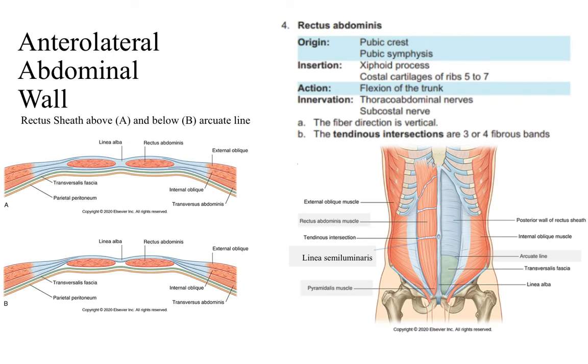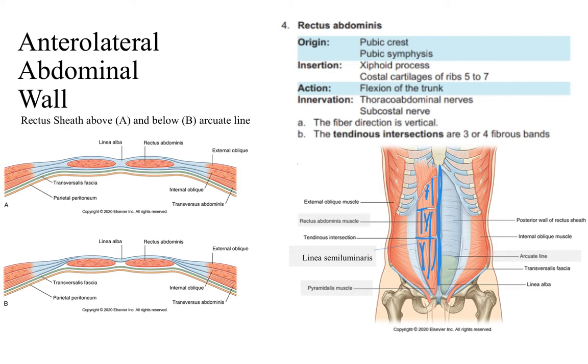All right, so the rectus abdominis, taking a look at it, we've stripped away all the aponeuroses of the external obliques and transversus abdominis. We still see the linea alba, which is a point of connection between all of these muscles, and then those tendinous intersections. And notice that the fibers of the rectus abdominis muscles move in an up and down, or superior to inferior direction.